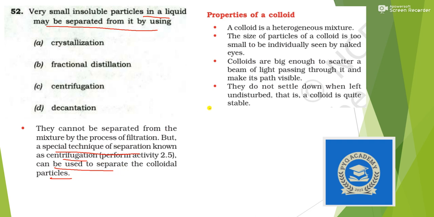A colloid is a heterogeneous mixture in which the size of the particles is so small that they can easily pass through filter paper, so they cannot be separated by filtration. So a method known as centrifugation is used for separation. Our answer is option C. This is taken from class 9 chapter 2, Is Matter Around Us Pure. Let's move to the next question.